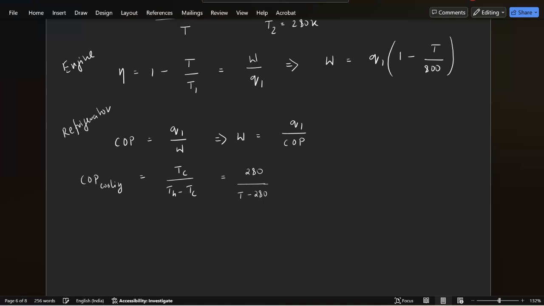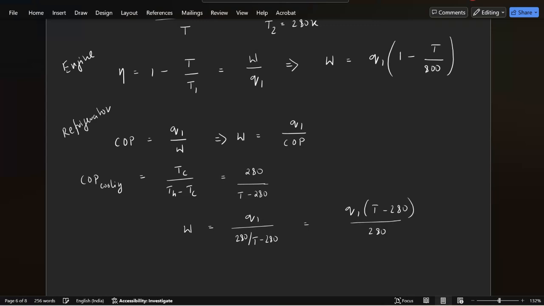Now we'll substitute that in this work. So now work is equal to Q1 divided by 280 divided by T minus 280, which is equal to what? Q1 times (T minus 280) divided by 280.